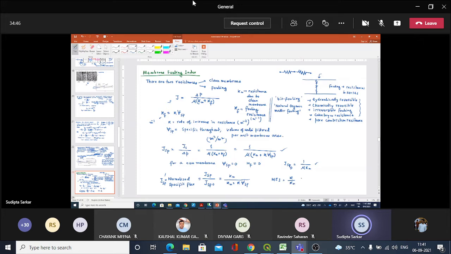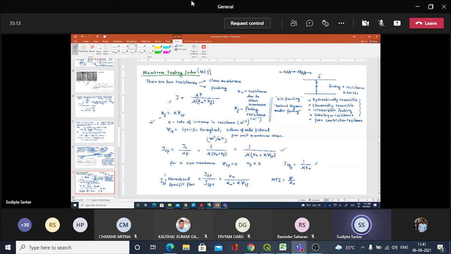Okay. So K is the fouling at any particular state of your filtration run, and Km is the membrane resistance. So this is the membrane fouling index, and this is how it is defined.